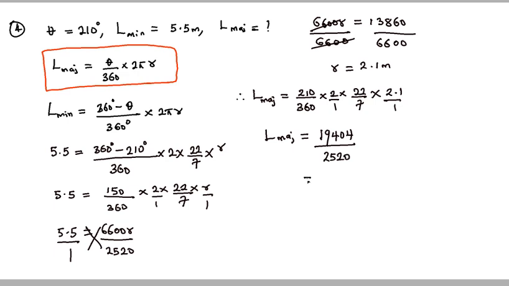So the length of the major arc is dividing 19,404 by 2520, and we are getting 7.7. We're having 7.7 in meters here, but we have to approximate to the nearest meter.